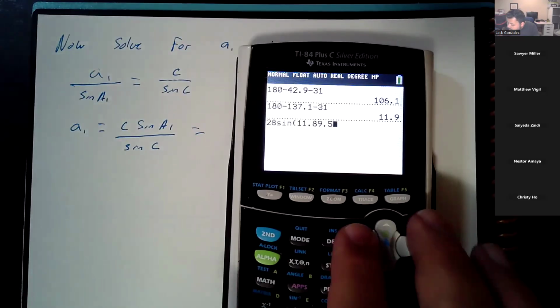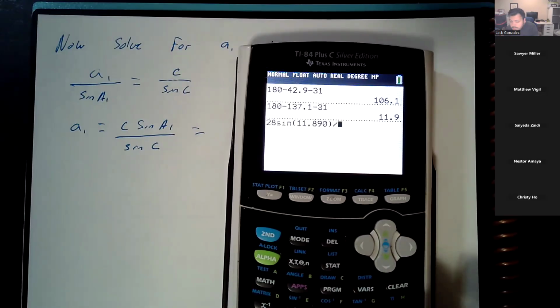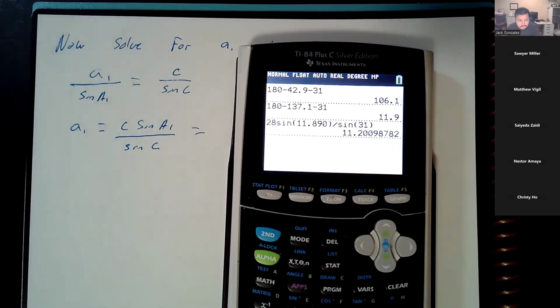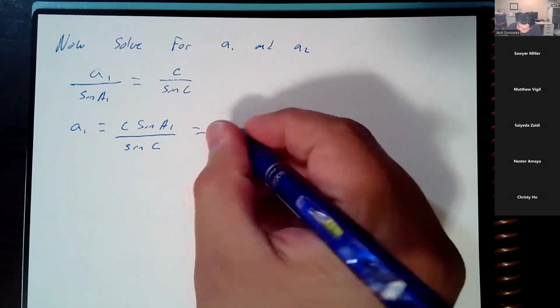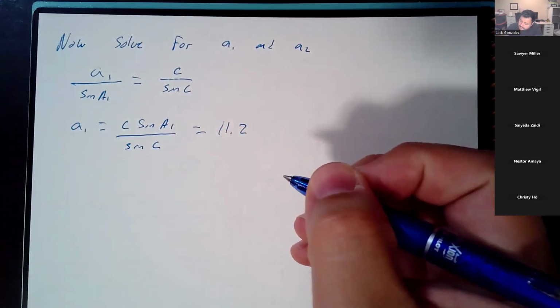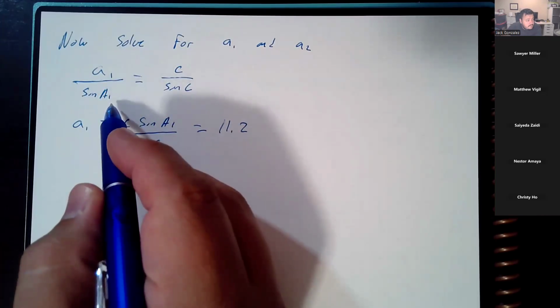Put in more decimal points just in case. Divided by sine 31. Okay, 11.2. There's A1. Then I'll do the same thing again, but with A2 and sine A2.